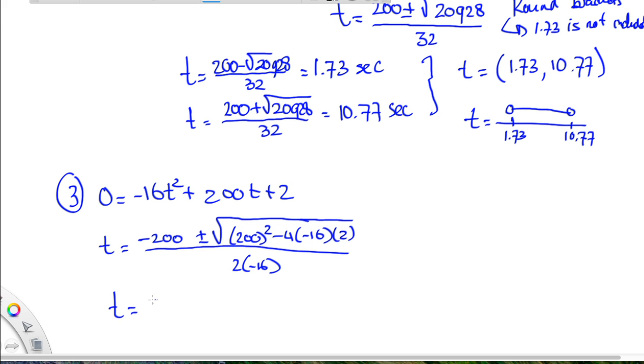Again, I would figure out what I get underneath the square root with a calculator, which in this case is 40,128. And then I'm dividing by a negative 32 in this case.